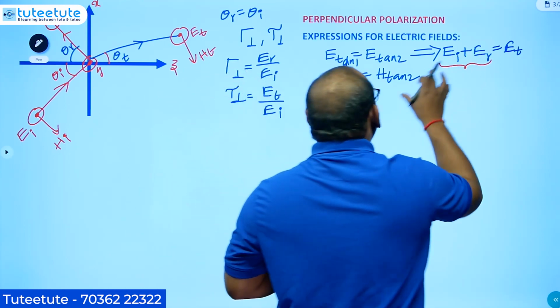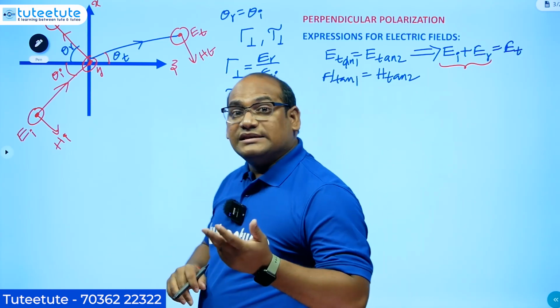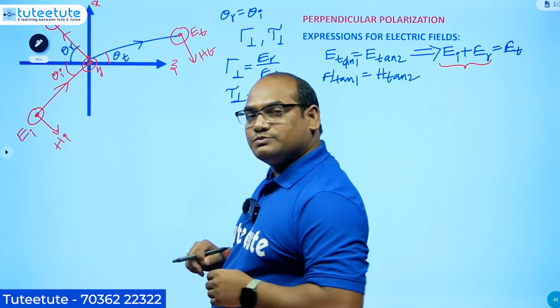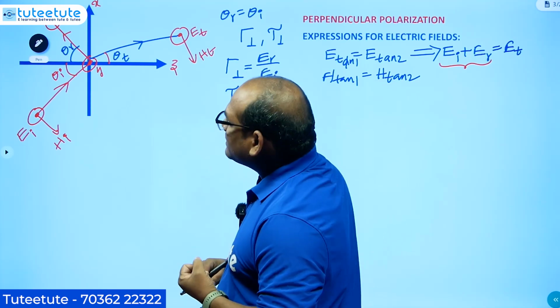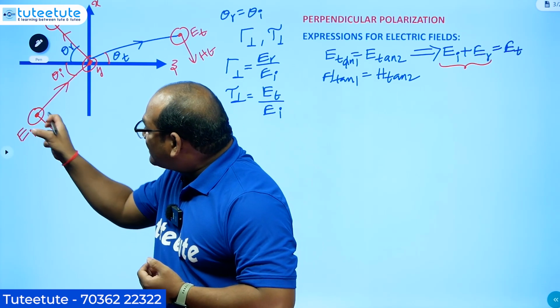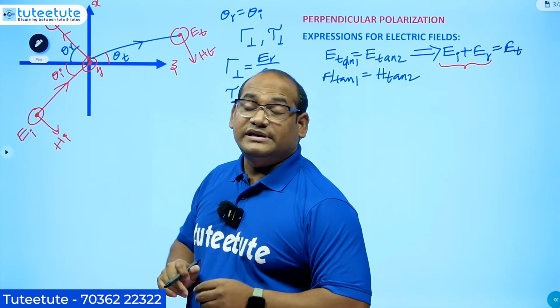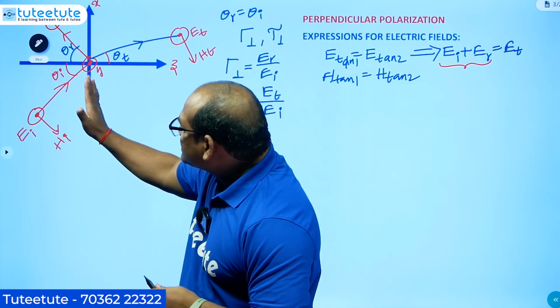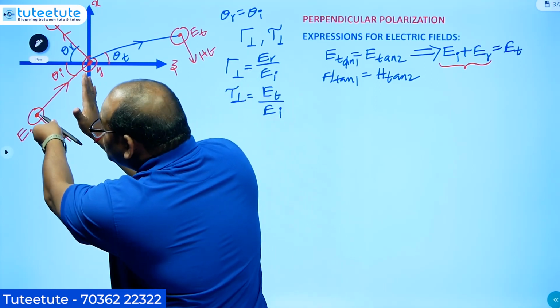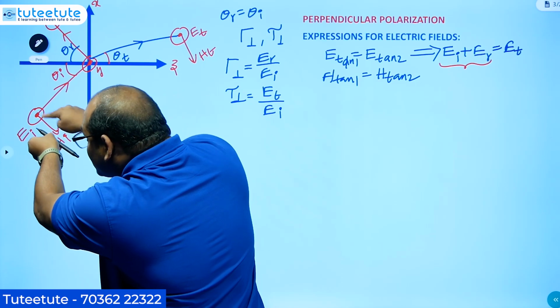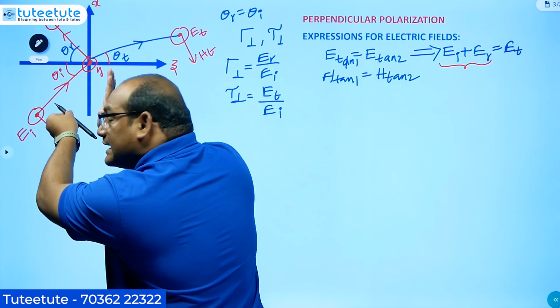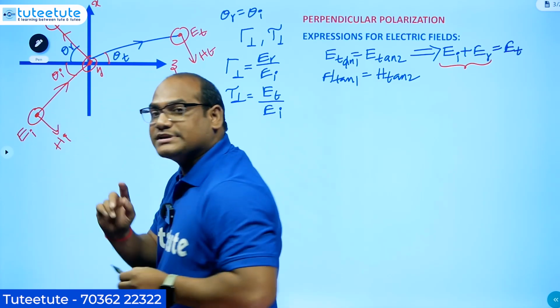Now the same relation we have to write for the H fields also. Okay, so how to write that one? H field is not directly tangential to the interface. Interface is like this, but H field is like this. So what we need to do? We have to resolve this vector into parallel and perpendicular components.